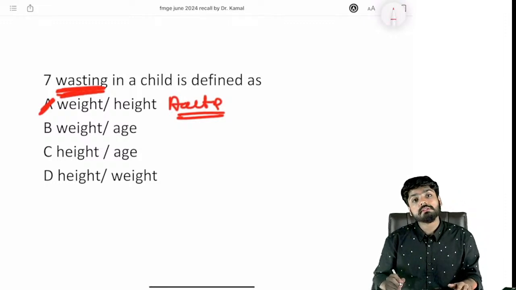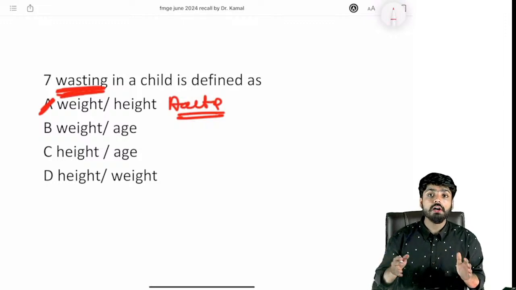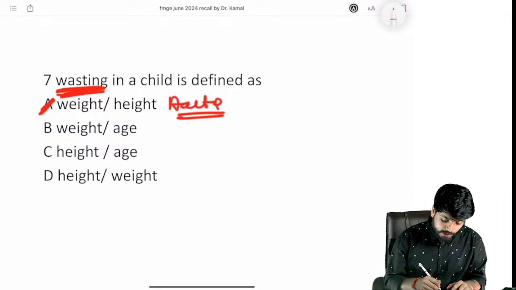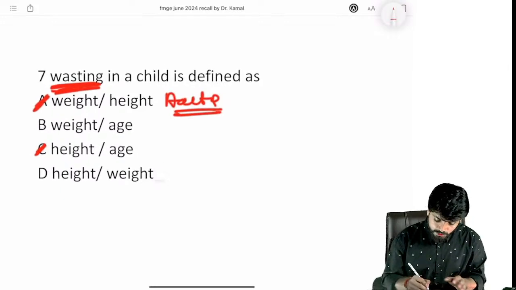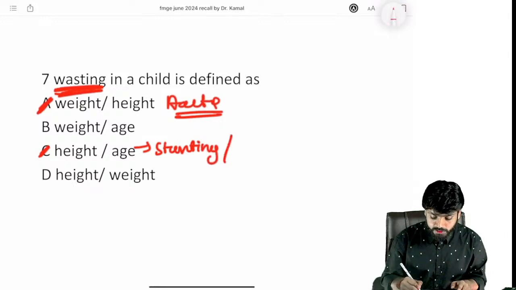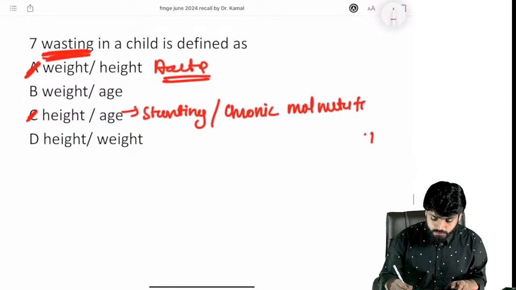What about stunting? Stunting is when the height is not increasing properly according to the age of the child. And always remember, stunting is height upon age, which resembles chronic malnutrition.